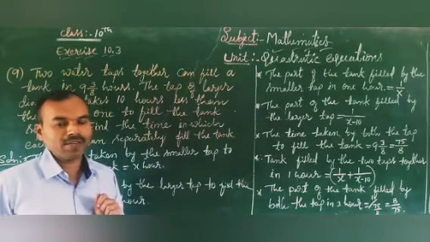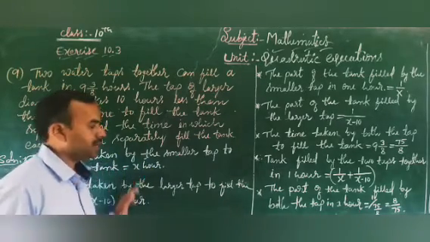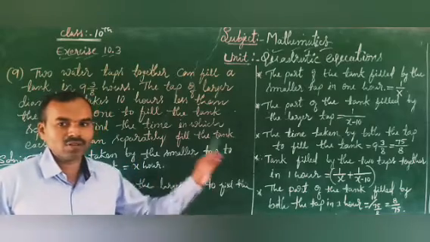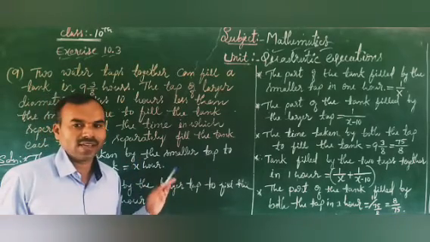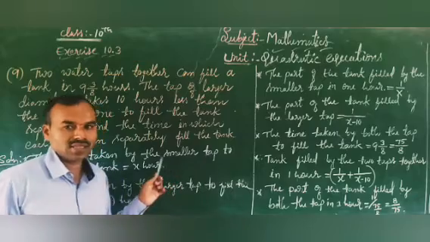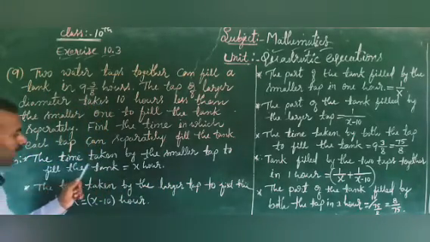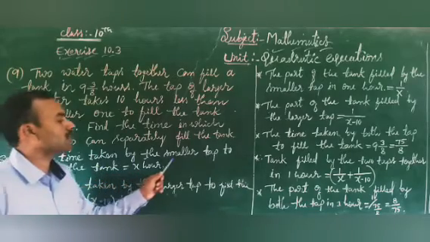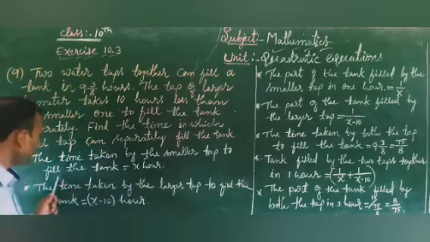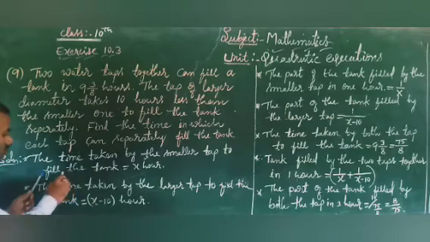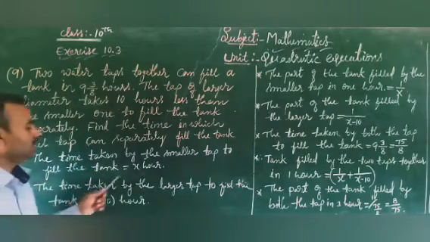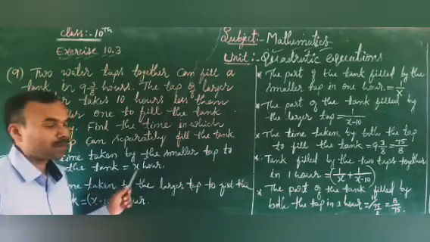Read the question carefully. I have already worked it out, and I will explain it. As the solution, let the time taken by the smaller tap B to fill the tank be x hours.